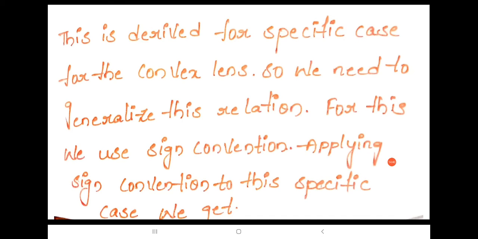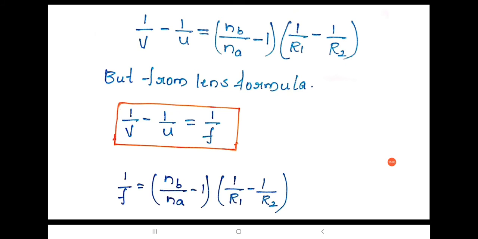So we need to generalize this relation. For this we use sign convention. If you want to use it for any lens, we have to apply sign convention. When we apply sign convention, you can observe the diagram carefully.